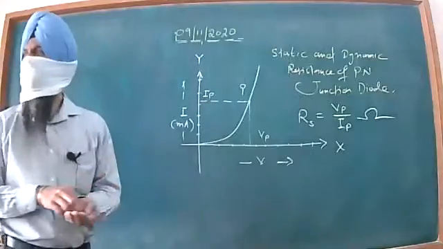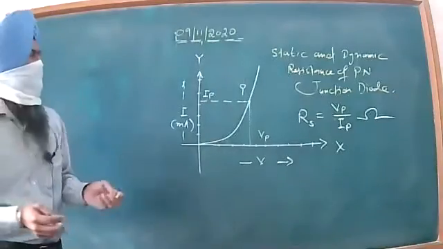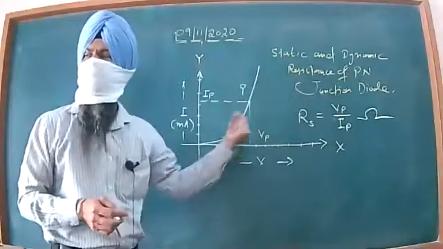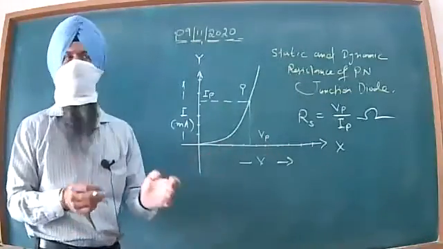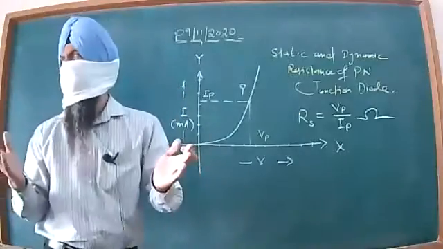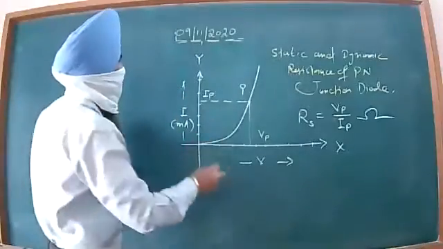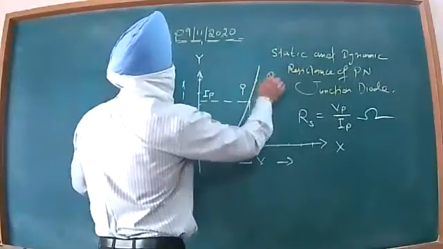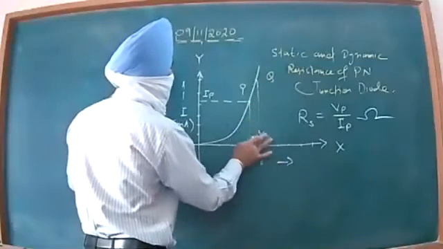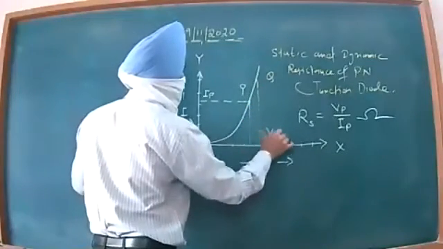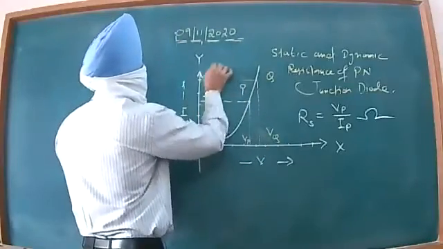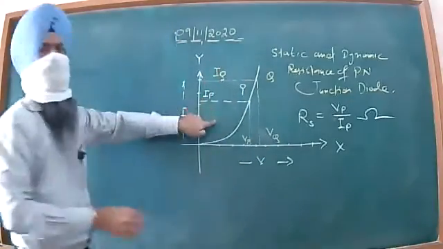But when the question of dynamic resistance comes, dynamic means your PN junction diode is constantly working, and we are taking the resistance over a range of voltages as well as currents. Regarding the range, you consider any other point Q and drop this perpendicular, and you can see this is VQ, this was VP, and this is your IQ, this was IP.